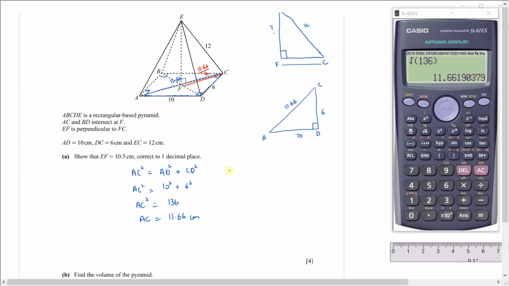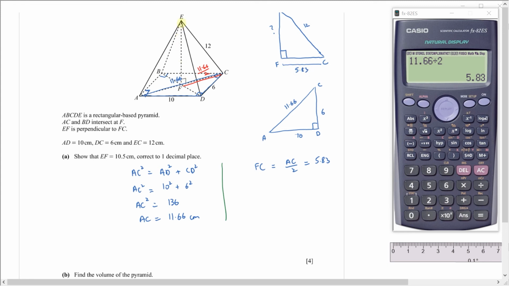Now I can calculate FC here. FC will be AC divided by 2. So 11.66 divided by 2. So this is 5.83. So now I know this length is 5.83, which is this length in this triangle.